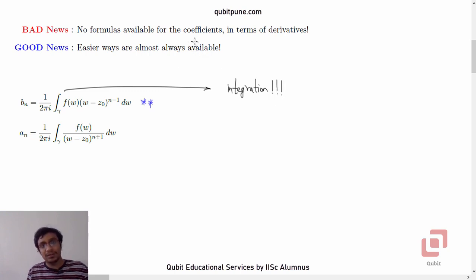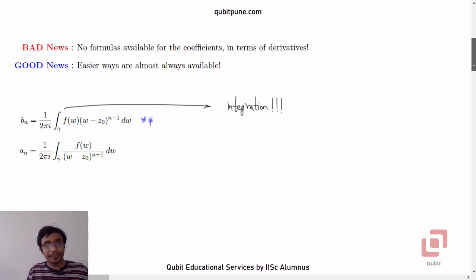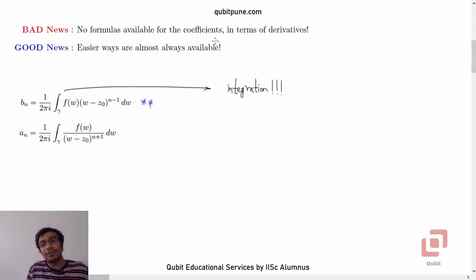So no formulas are available for the coefficients in terms of derivatives, simply because the requirement of differentiability is not there for f of z at the center. Although we assume that it is analytic, we don't assume the analyticity of the function at the center. And we also know that derivatives are always easier to obtain compared to integrals.